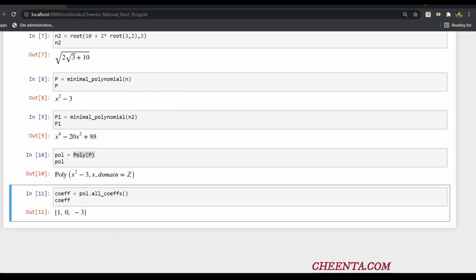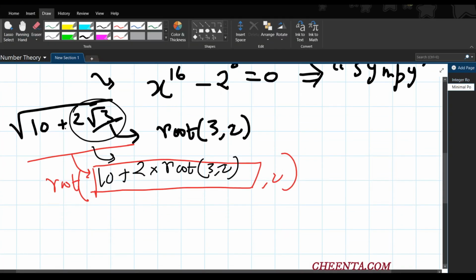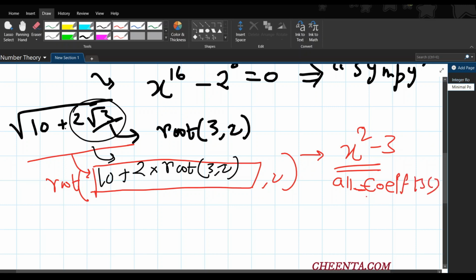You see that the coefficients of that particular equation, let me write it down. Where is my pen? Okay, here. So the equation is x square minus 3. Okay, so all coefficients, this function actually returns all the coefficients of that particular equation.